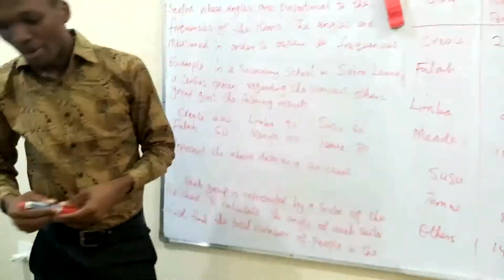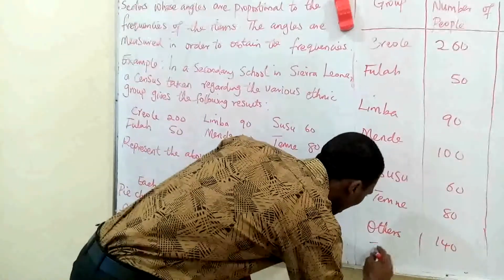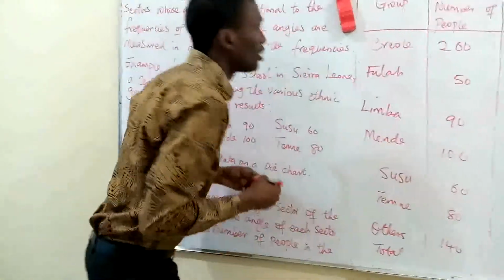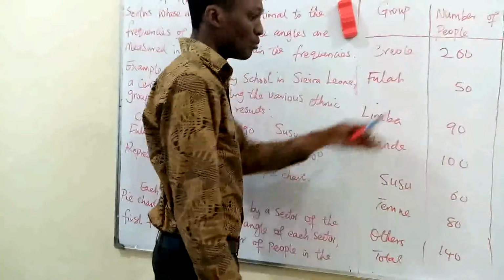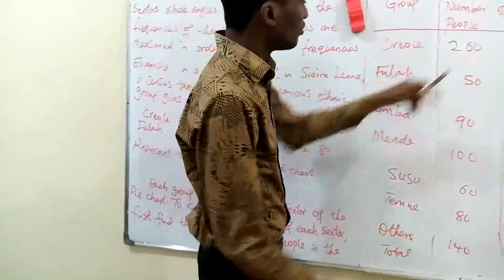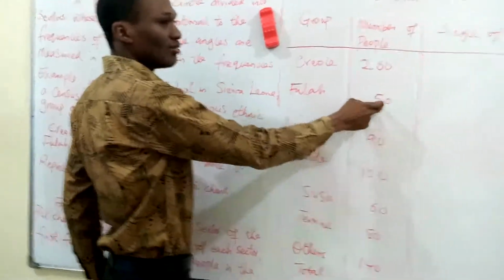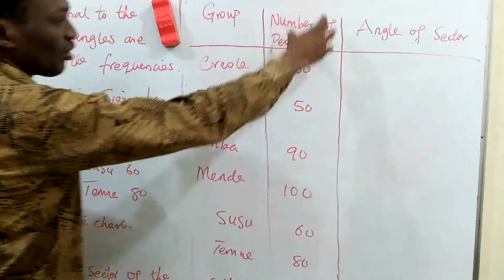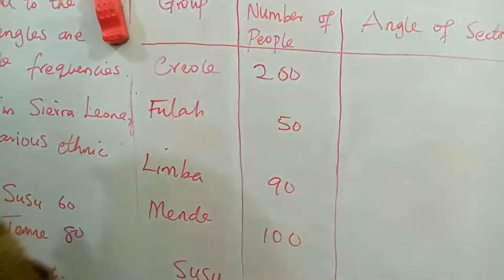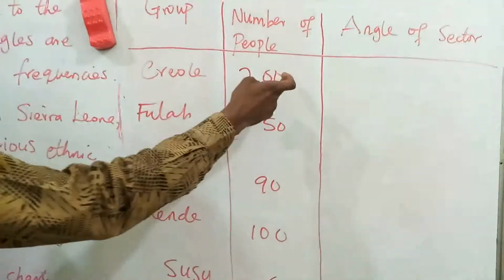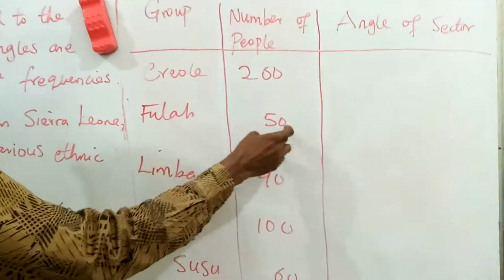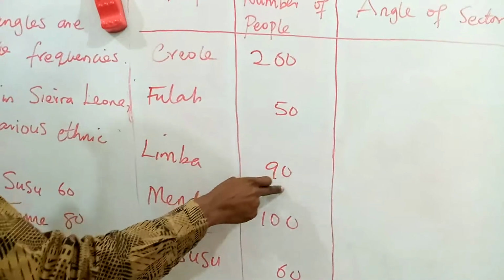First, we sum our frequencies. We sum the total number of people to get the total number of people in that school. 200 plus 50 is 250. Plus 90 we have 340.